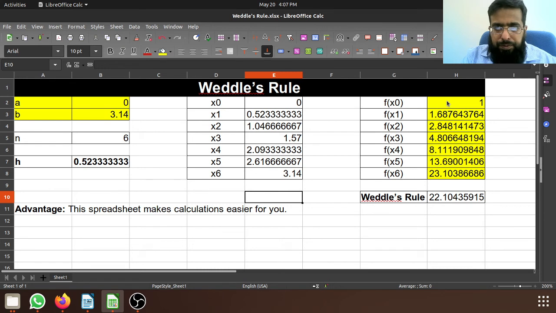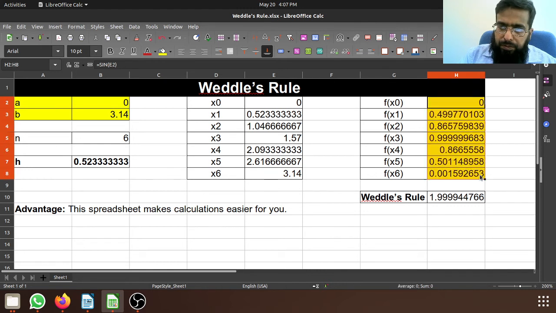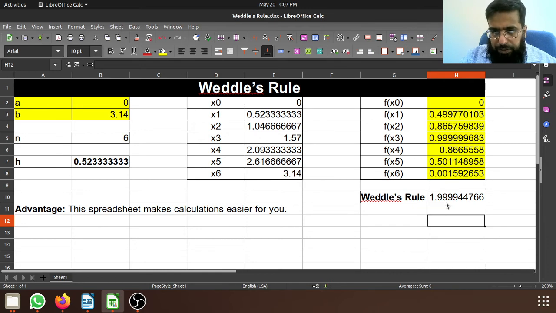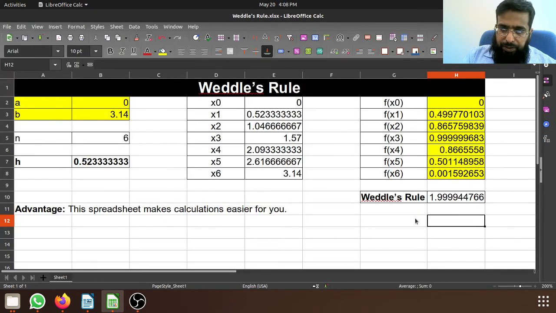Right, and we evaluate. The answer is 1.999 or 2. Let's see what the exact answer is using the integration we studied in school. The answer is 2, and here the answer is 1.999.